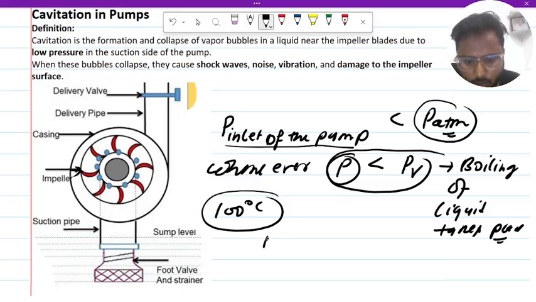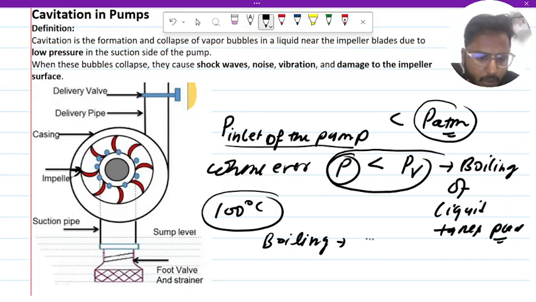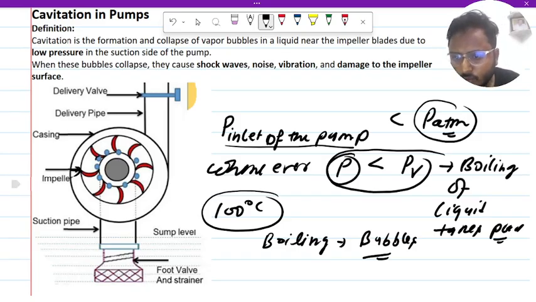Now, what is boiling? Whenever boiling takes place, there will be a formation of bubbles, and these bubbles at high velocity form near the surface of the impeller. These bubbles will collide with the impeller blades at a very high velocity, which causes erosion of the blades.